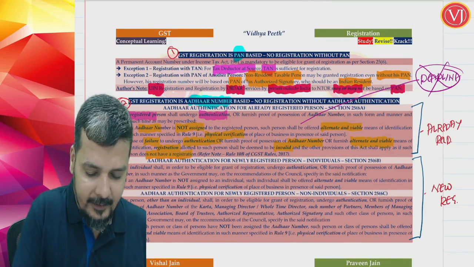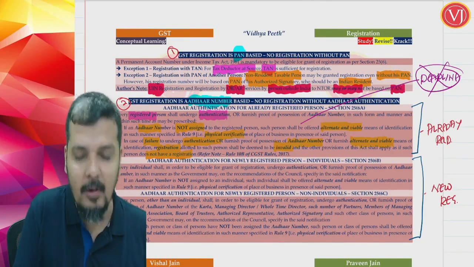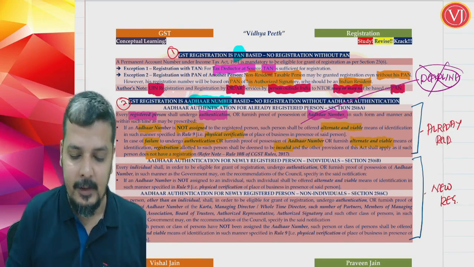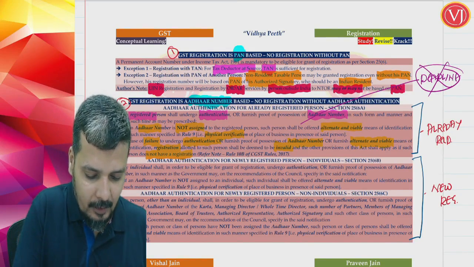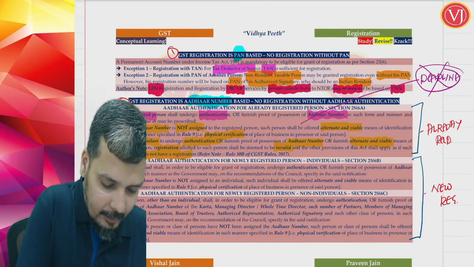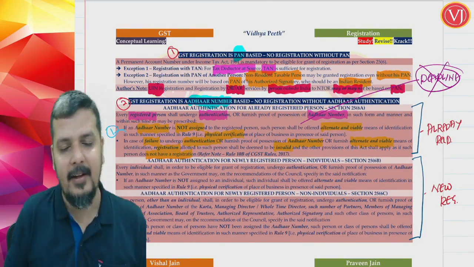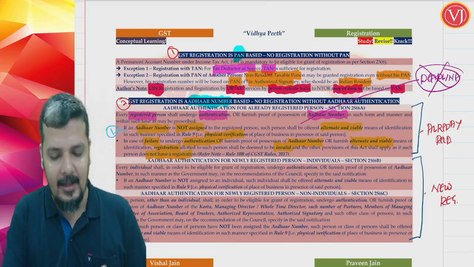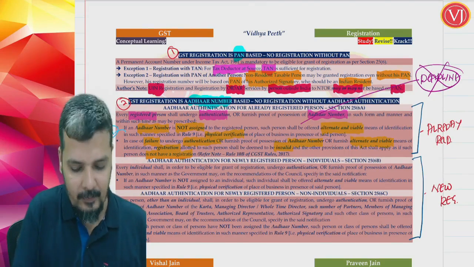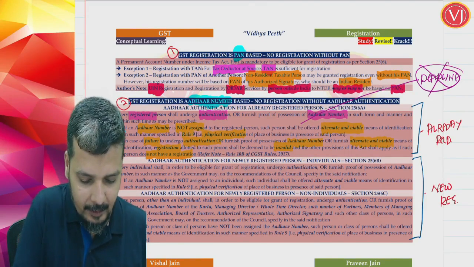If you're already registered person, they tell that it is better you link your Aadhaar or give the proof of Aadhaar number. If at all you don't have Aadhaar, they tell that we have alternate means. If Aadhaar number itself is not assigned, then don't worry, physical verification will be done as per Rule 9.